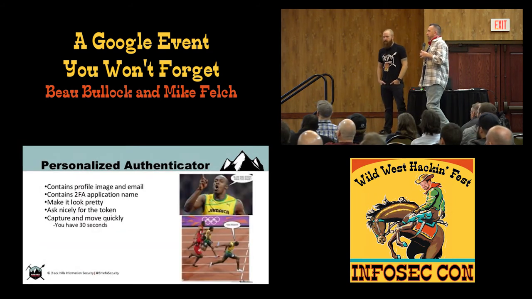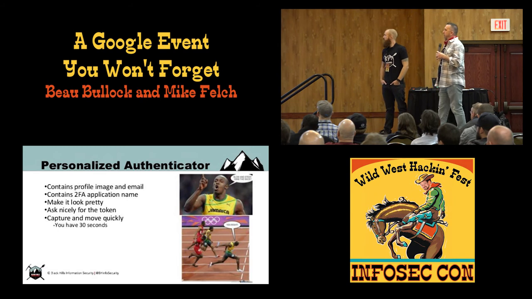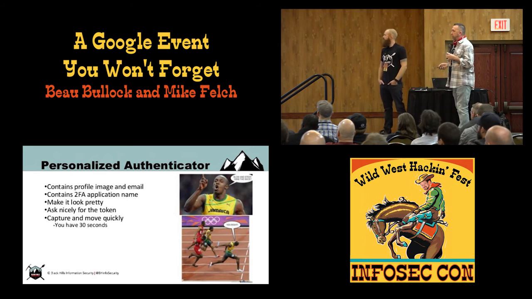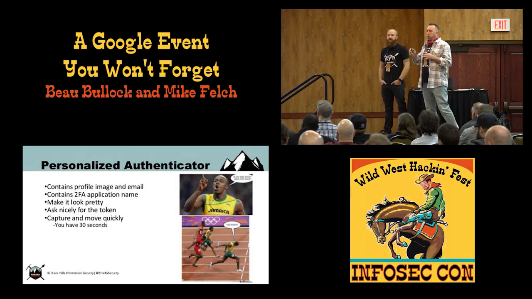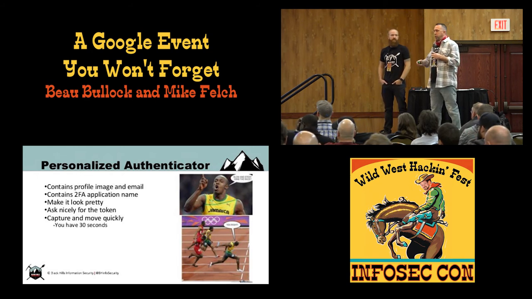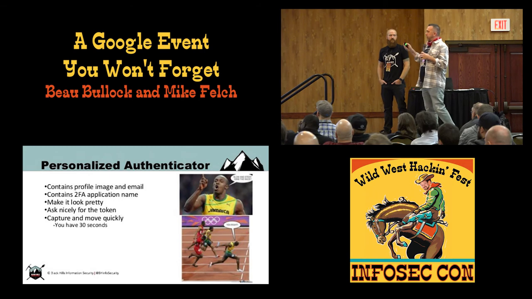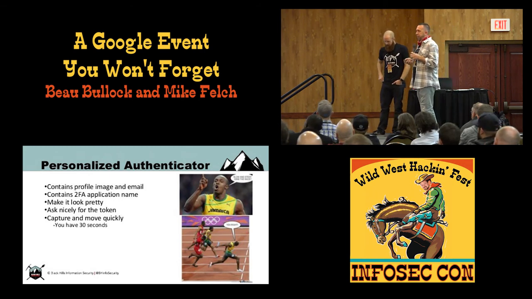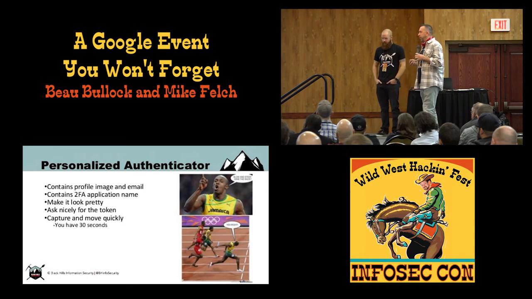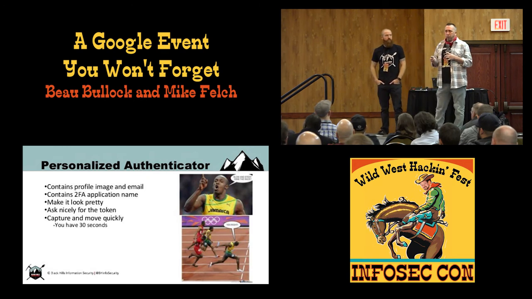So stepping through the personal authenticator, this is a little bit more interesting because now it's the profile image plus the email plus Google tells you, hey, this is a two-factor application. So go to Google Authenticator or go to Duo Security and get the token. These tokens expire in 30 seconds, so you really have to automate the process because they're going to put that token in your two-factor page.